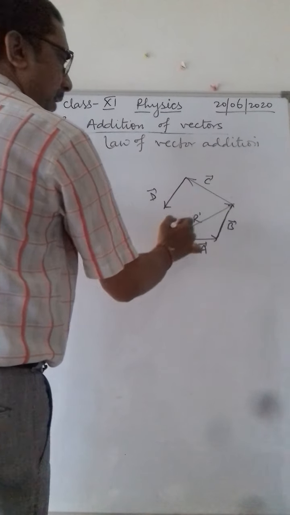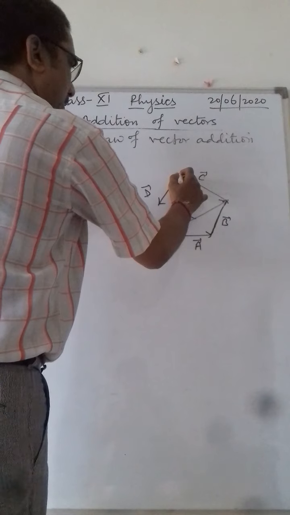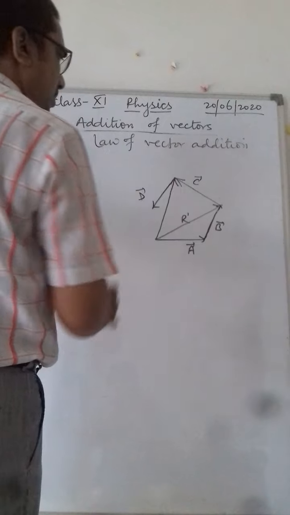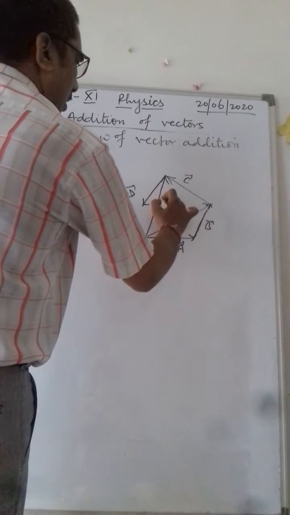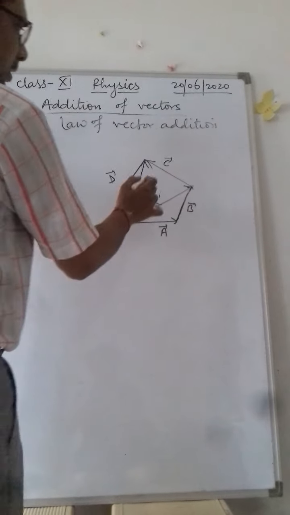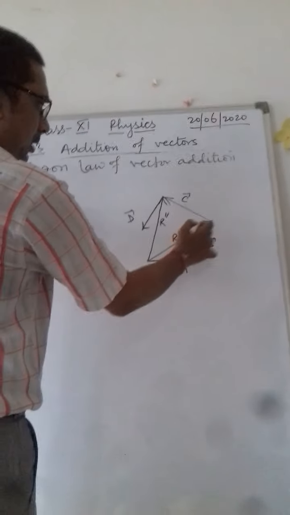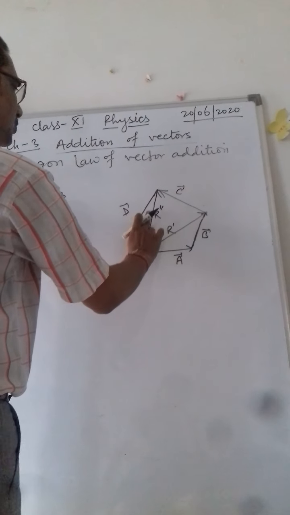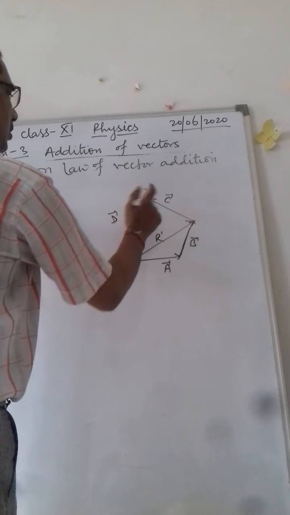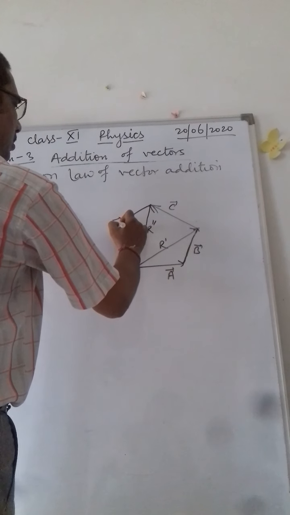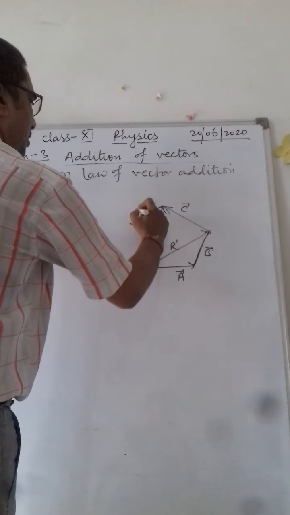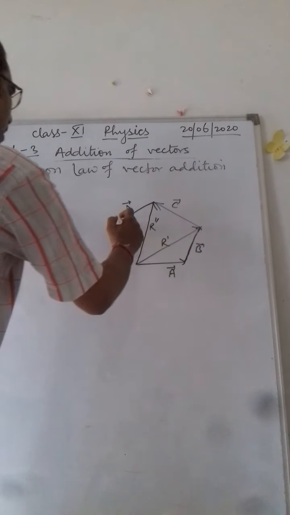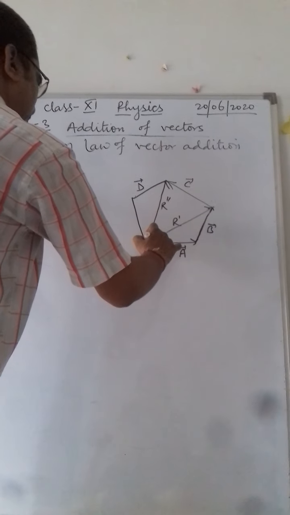Similarly, this is C and this is R dash. Now it is observed as the triangle law of vector addition. Then we connect from tail to head in this way. This is R double dash, which indicates the resultant of R dash and vector C. Again, in this way, this is vector D, and at last we connect in such a way.